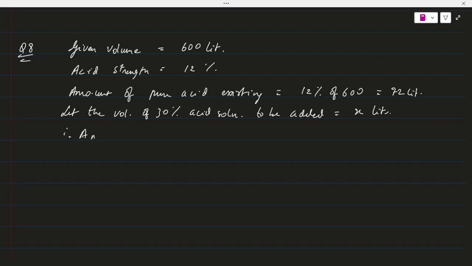Therefore, the amount of pure acid in the added solution, that is 30% of X, would be 0.3X liters.